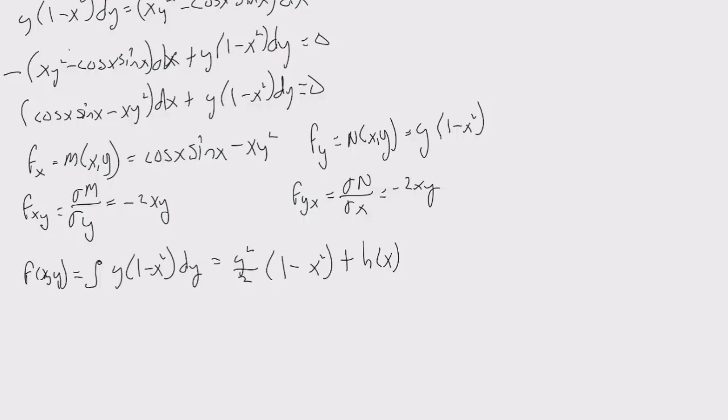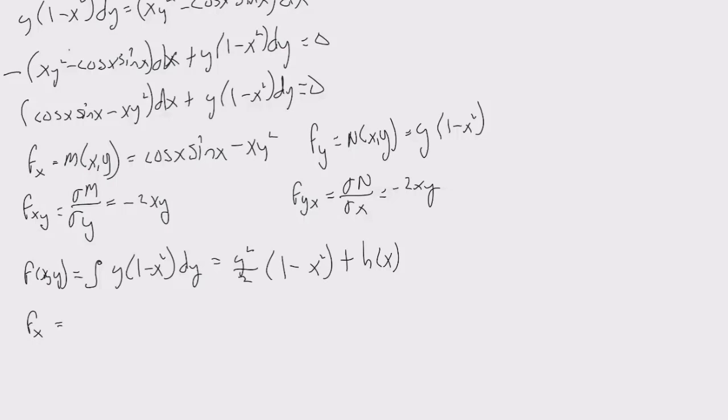So then I want to figure out what that function in terms of x is. So I want to take the partial with respect to x of the equation that I just had. So y squared over 2, let's see. So that's going to be treated as constant, 1 minus x squared.